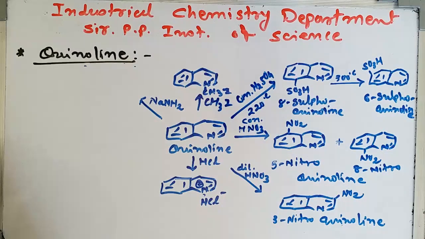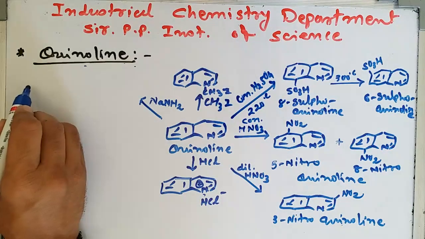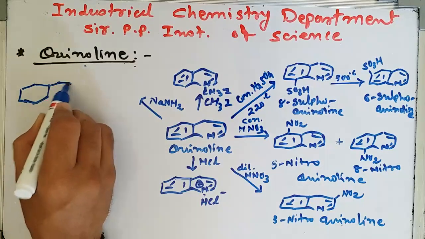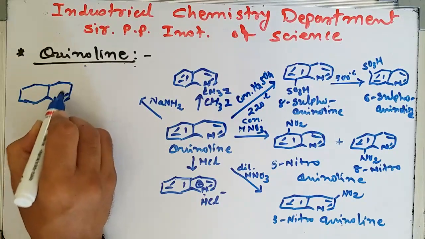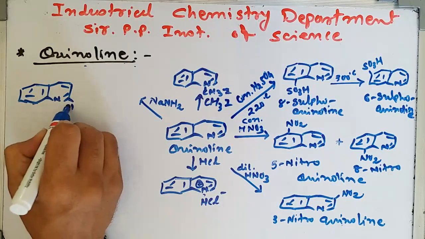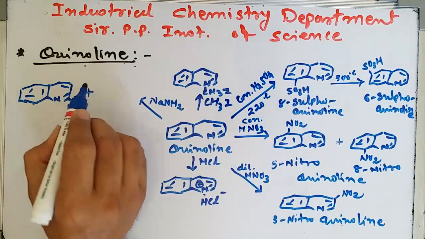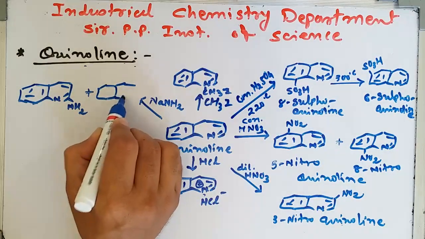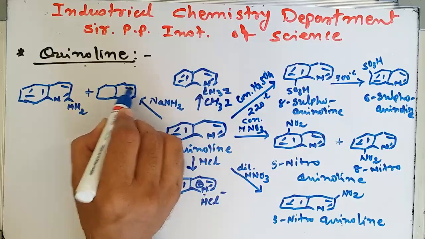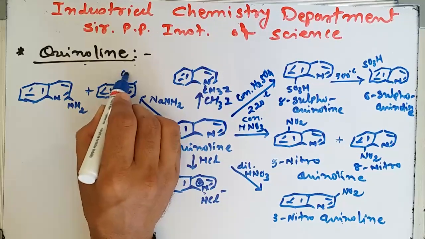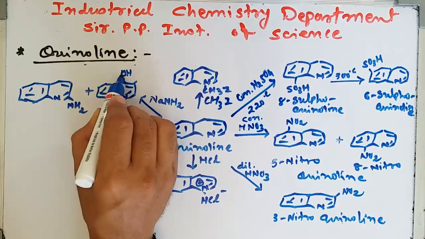With the help of NaNH2 we get 2 and 4 substituted. This is 2-amino and this is 4, here NH2, sorry.